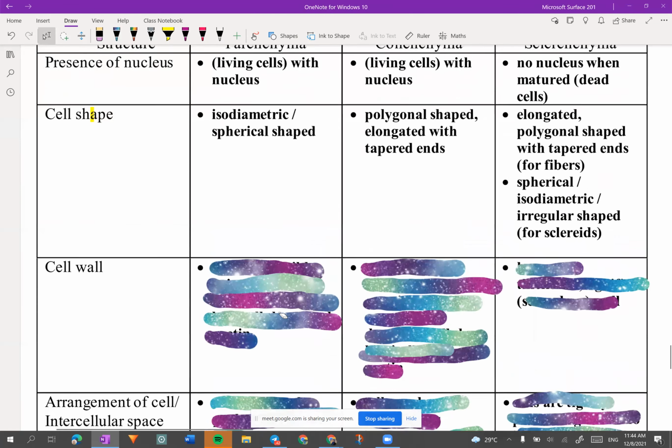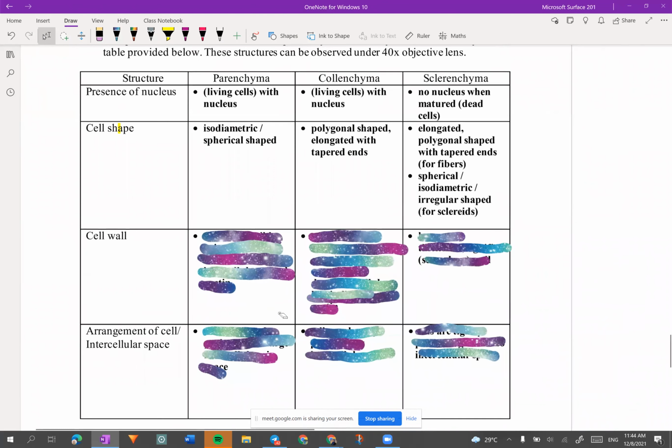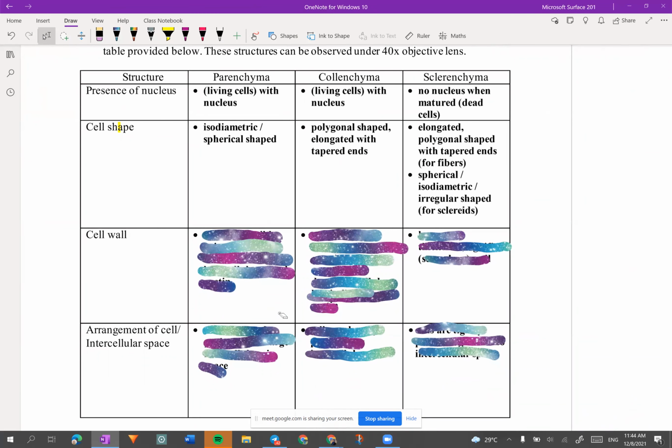Cell wall untuk parenchyma, is it thick or thin? Parenchyma. Thin. Okay, so betul. Jawapan you adalah thin and flexible cell wall consists of cellulose, hemicellulose, and pectin. Okay, the basic one. So collenchyma, is it thick or thin?